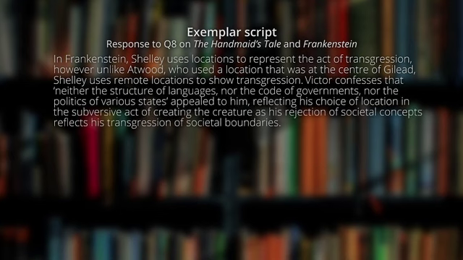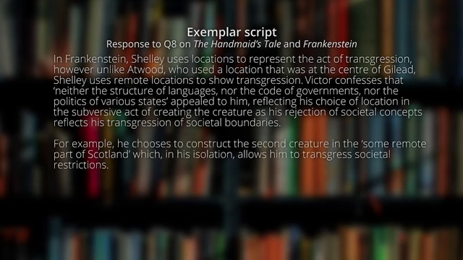Victor confesses that neither the structure of languages, nor the codes of government, nor the politics of various states appeal to him, reflecting his choice of location in the subversive act of creating the creature as his rejection of societal concepts reflects his transgression of societal boundaries. For example, he chooses to construct the second creature in some remote part of Scotland, which in his isolation allows him to transgress societal restrictions.